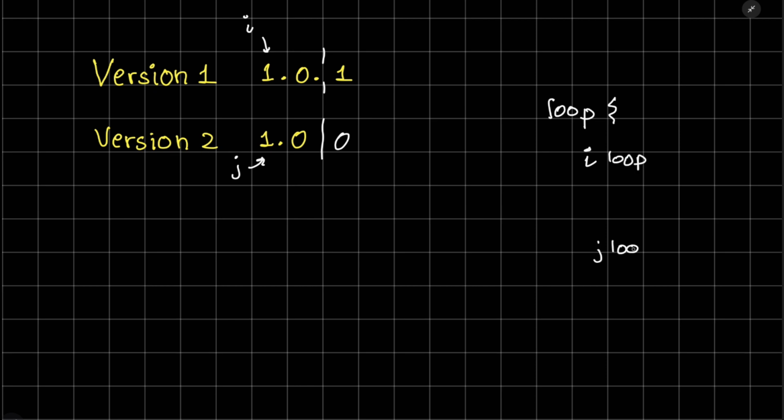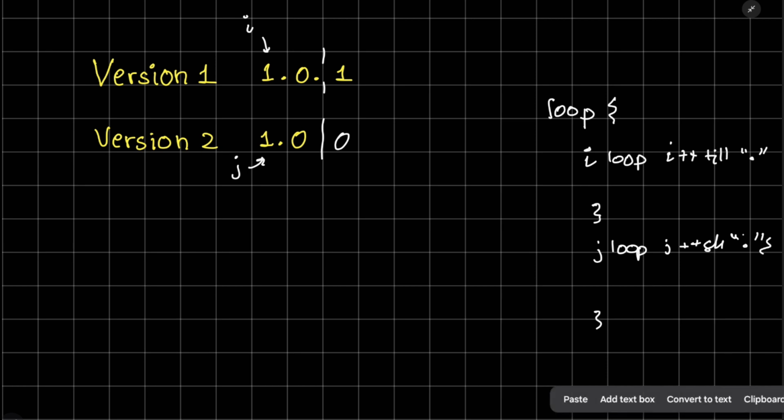In the i loop we will do i plus plus till we find a dot, and for the j loop also we'll do j plus plus till we find a dot. And we'll have two numbers, let's say n1 and n2, and these both will be 0 initially.